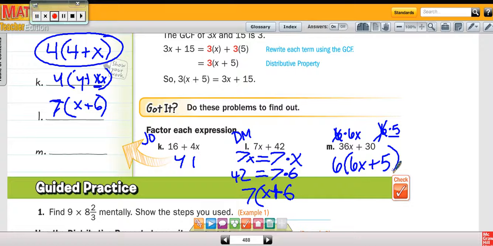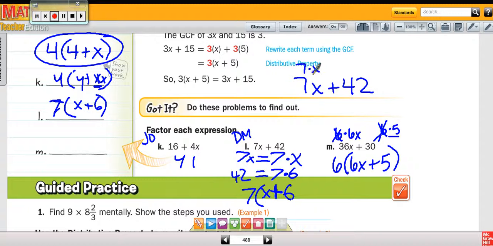What questions do you have about factoring with a variable? Colby. I'm confused. About what? Somehow, letter L, I got 7, and then in parentheses I got x plus 2. Okay. What's your common factor? 7. So this is 7 times x.